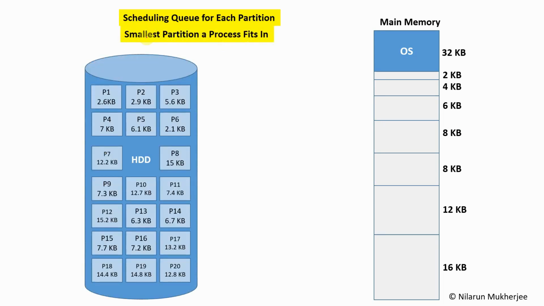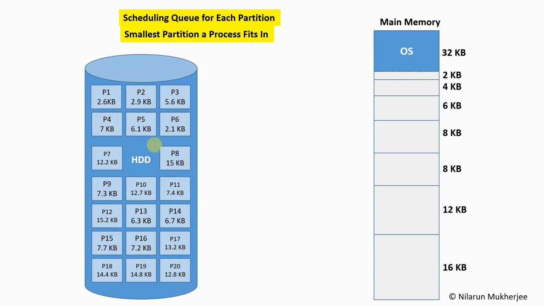So if we have a set of processes, we have 2.6 kb, 2.9 kb, 5.6 kb, 7 kb. Now we have two schemes: a single queue for all sizes, or a different queue for different sizes.